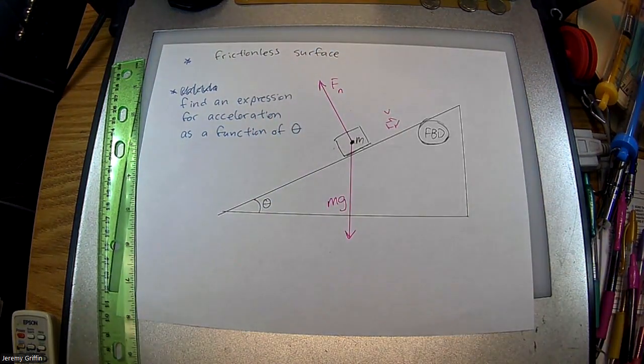Maybe there's some other variables that possibly matter too, maybe the mass of the block, maybe the gravity field. But I definitely want to see the angle in your expression. How much is that block accelerating?